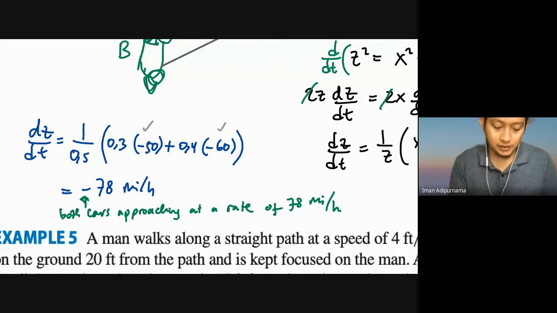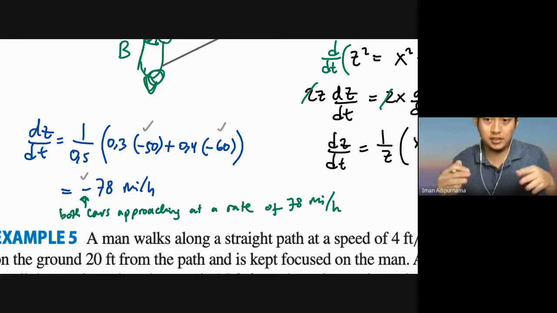And if the answer we get is also negative, this means that car A and car B both are approaching at some rate, right? The rate that we have calculated is 78.